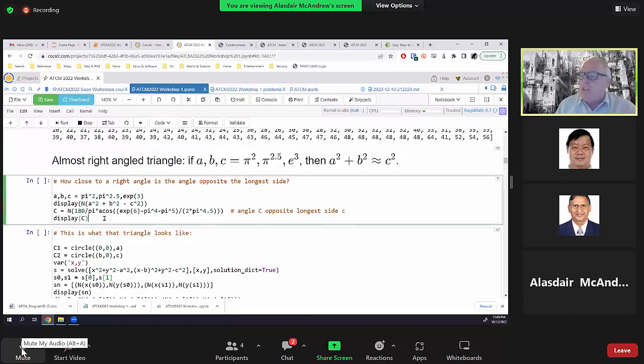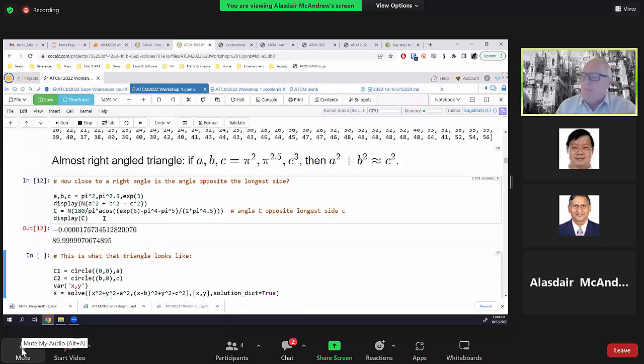And in fact, let's have a look. So we define our values a, b, and c. A is pi squared, b is pi to the power of 2.5, c is e to the power of 3, and a squared plus b squared minus c squared is really remarkably close to an integer.